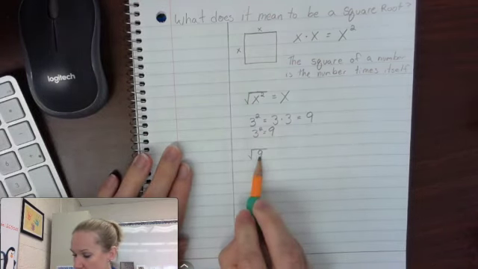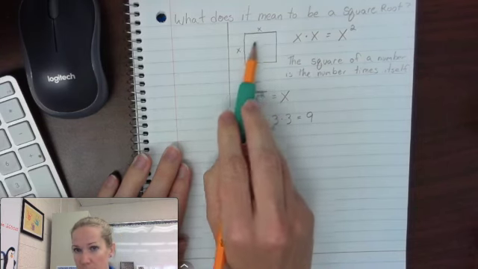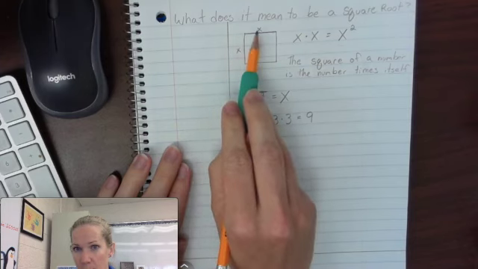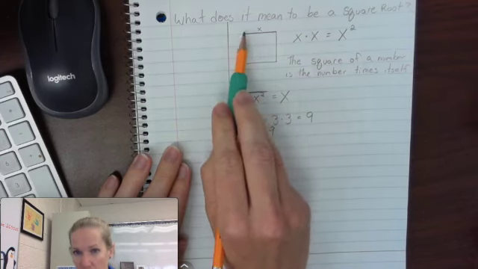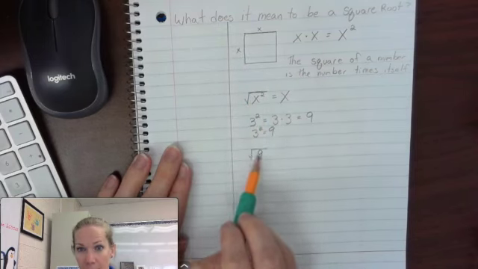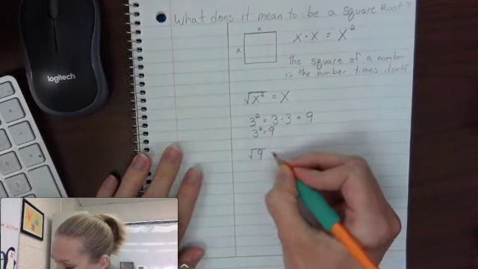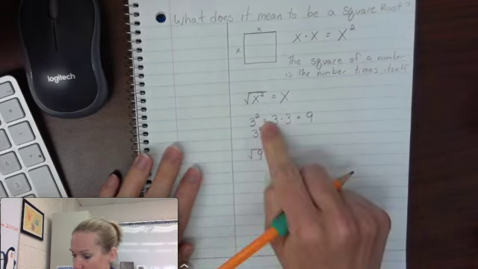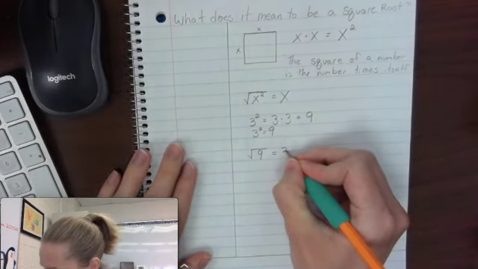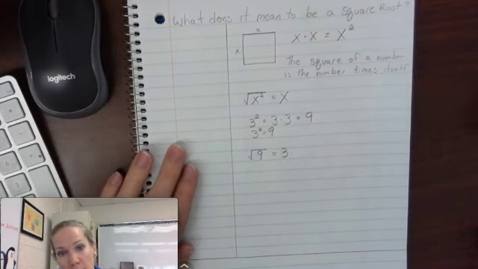And what that means is what number, because if all of this inside equals 9, then what is this number that we multiplied by itself to get the 9 inside? Now we know up here, well, we squared 3. So the square root of 9 is 3. 3 squared is 9.